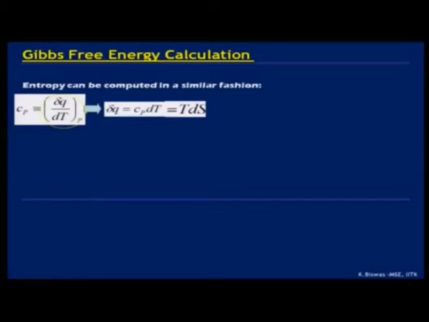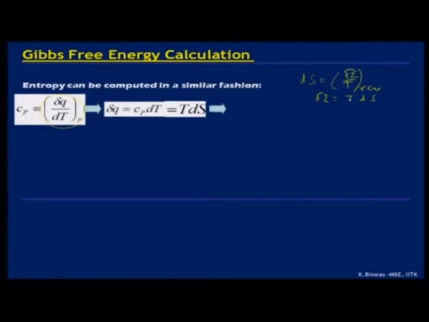So therefore del Q is nothing but T dS. That is what I have done here.